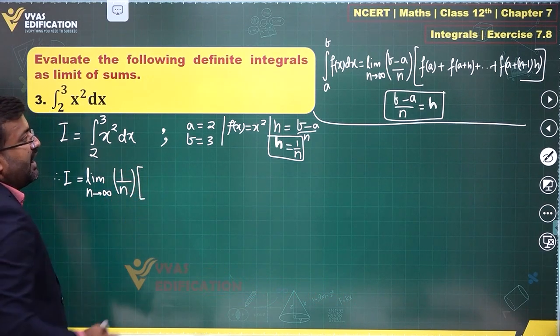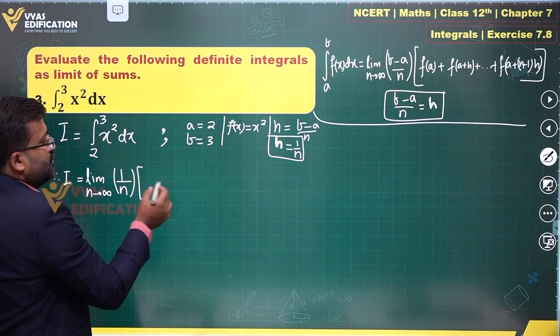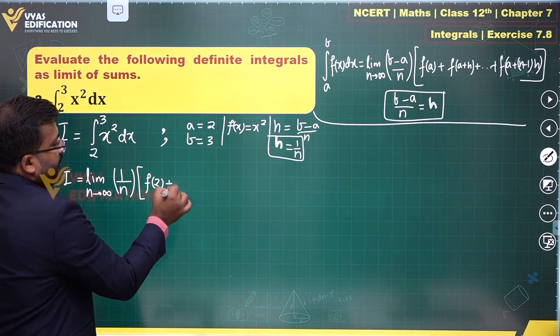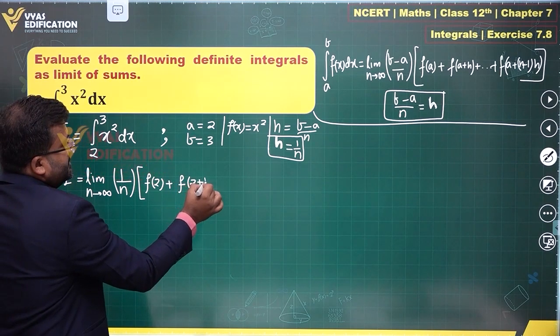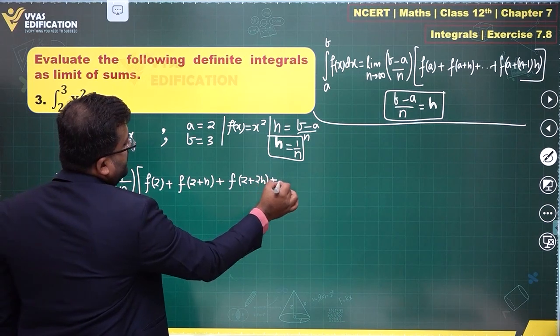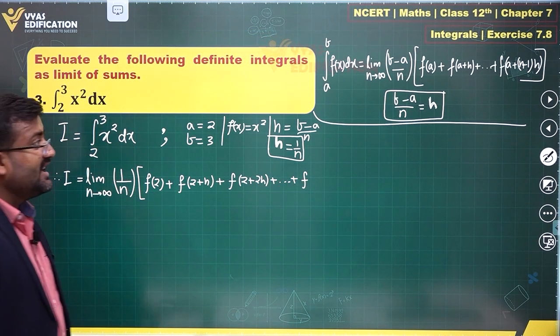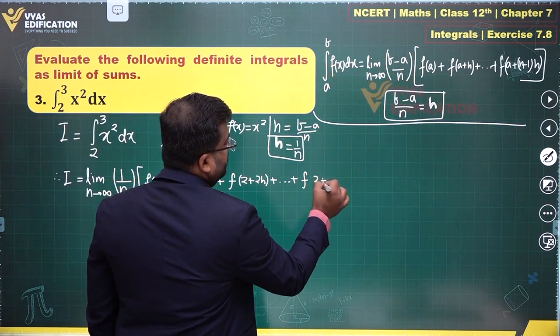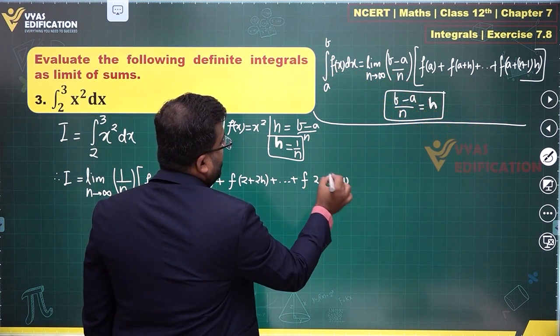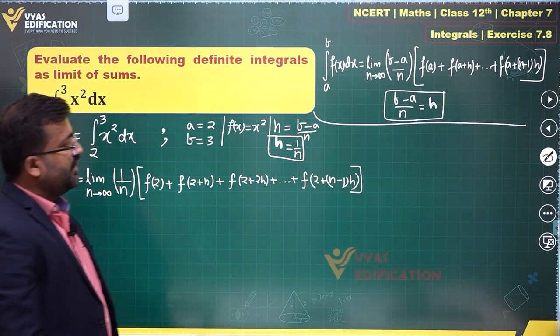In the other bracket, you have f of a plus h. f of a is f of 2, so this is f of 2 plus f of 2 plus h plus f of 2 plus 2h plus dot dot dot, and the last term will be f of 2 plus (n minus 1)h, bracket closed. This is what you'll have.